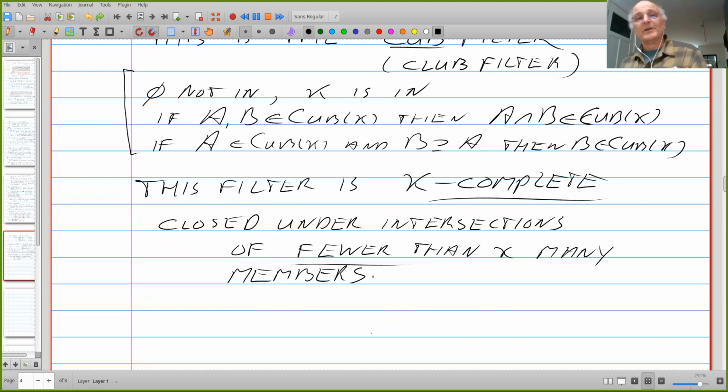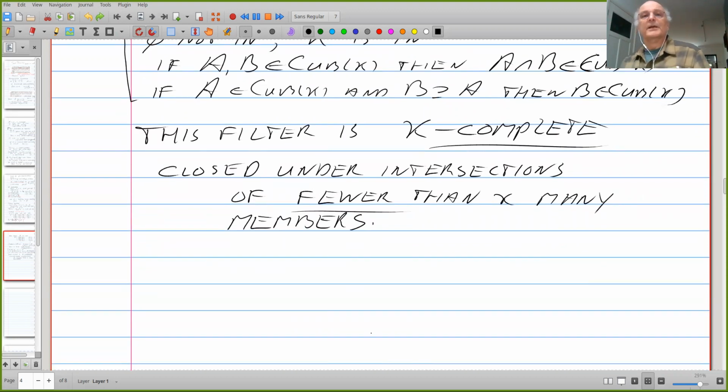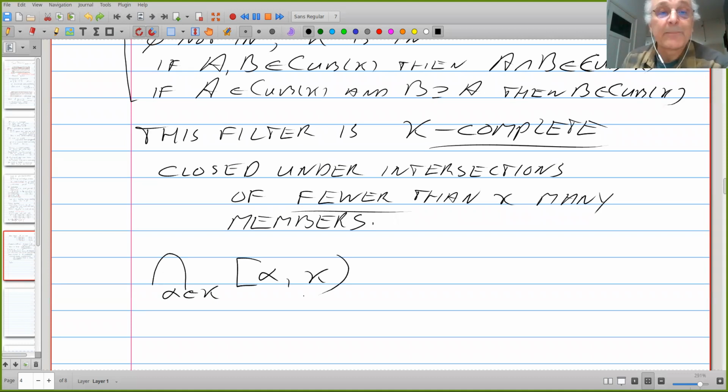We want small families to have an intersection that is still closed and unbounded. We shouldn't expect big families to have a non-empty intersection, because if I take the interval from alpha to kappa, everything above and including alpha and less than kappa, then I get an empty intersection. So if I take kappa many closed unbounded sets, then I might be very unlucky and get an empty intersection.